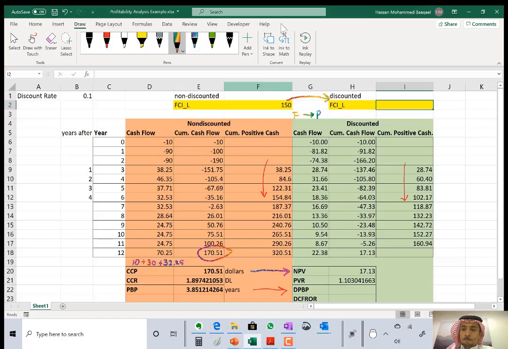To do that, we have to take our investments. We invested the first 90 million in the first year, so we divide by 1 plus R to the power 1. That's the first year.